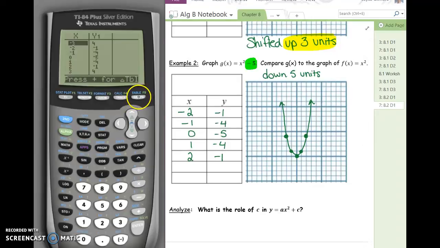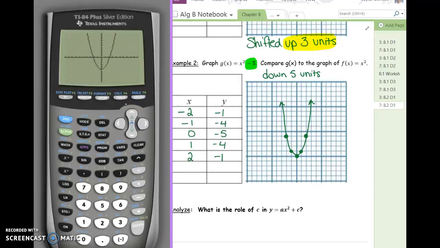And as you're connecting your points, remember that you can click back to that graph. Make sure that what you are graphing on your paper looks like what is on your screen.